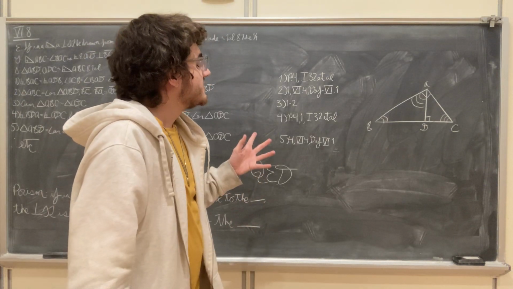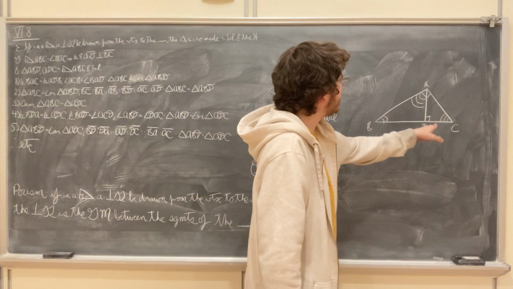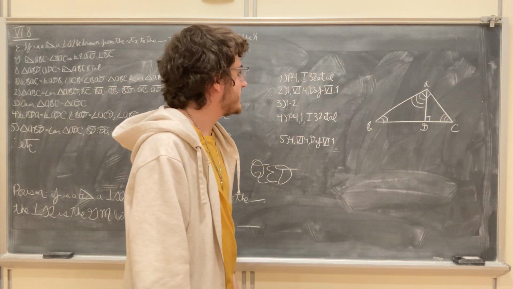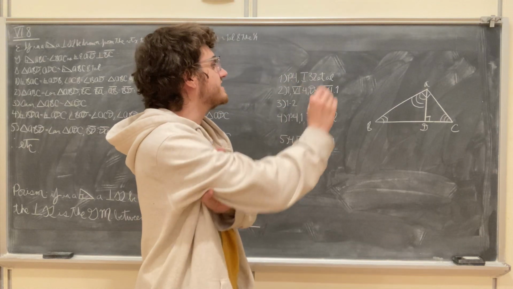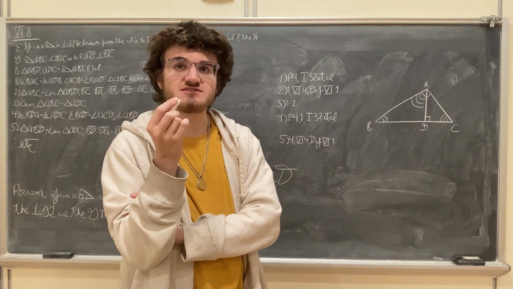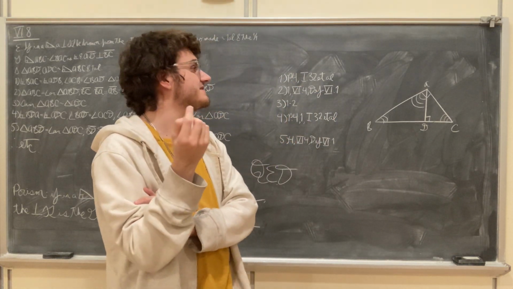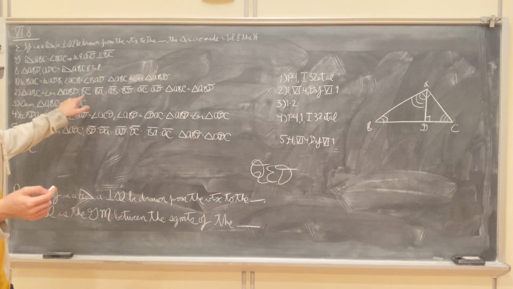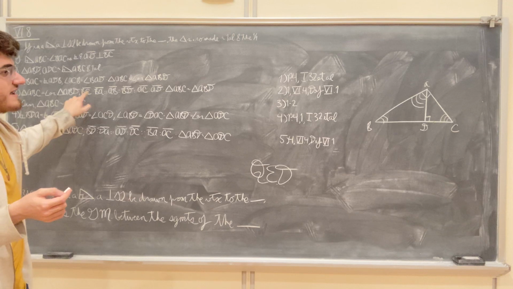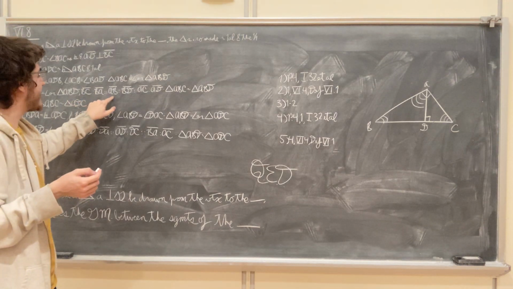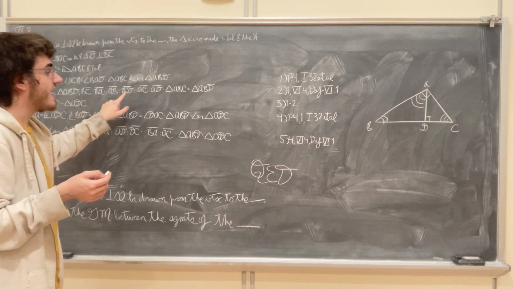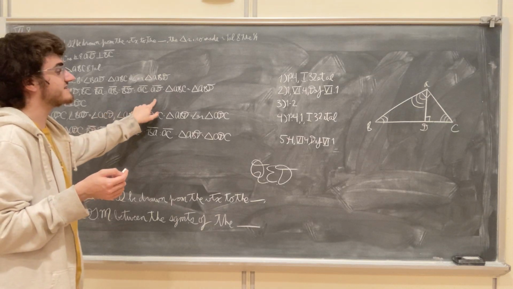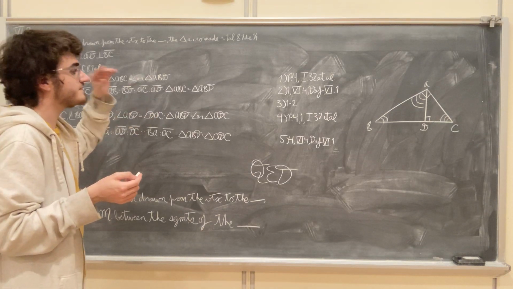Okay, so what we now have is that the triangle ABC is equiangular with the triangle ABD, which means by proposition 6.4 that the sides about these equal angles will be proportional. That is to say that BC is to BA, just as AB is to BD, and just as AC is to AD.